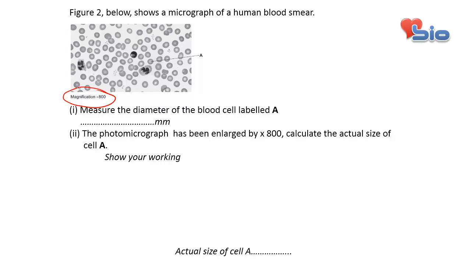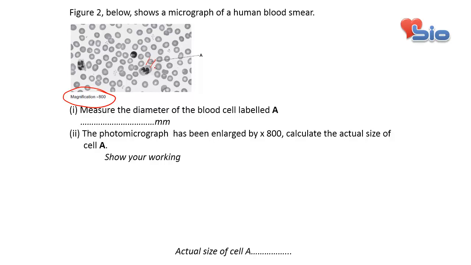But if it was this white blood cell, some could measure it from here to here. Others could measure it from here to here, which is why it's very important to mark where you're taking the measurement from here to here, and I'll draw a line here. If it were this cell, as I said, but that's not what we've been asked to figure out.